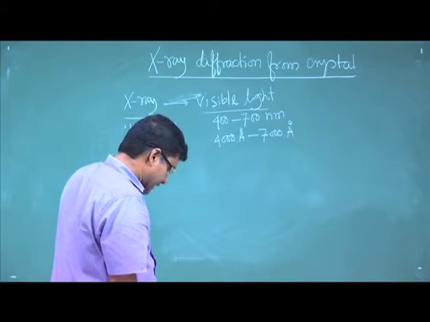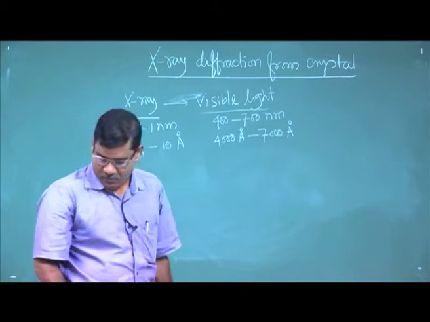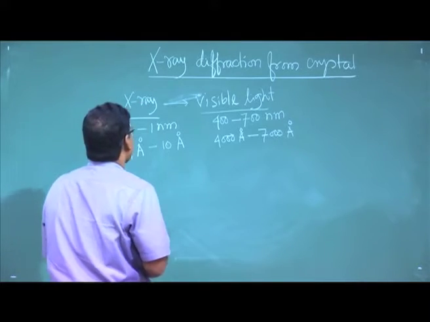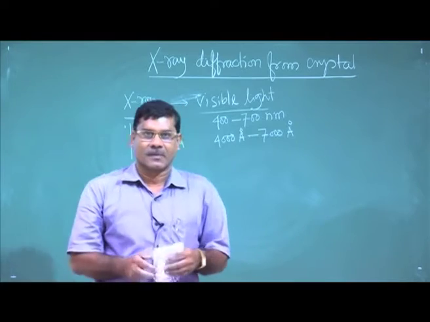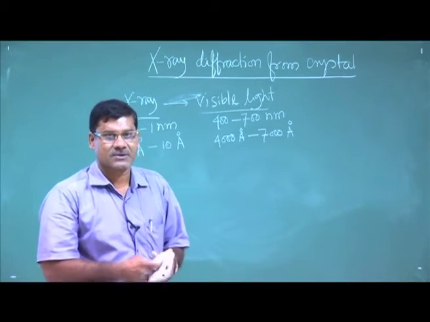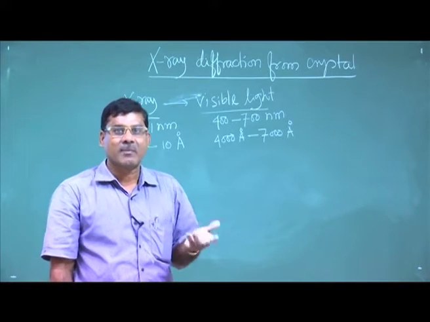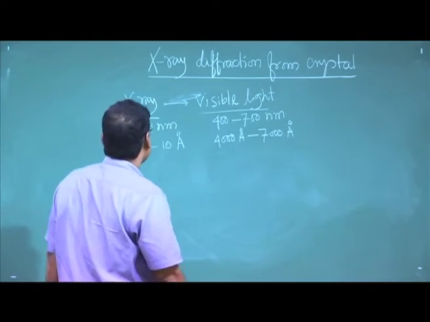And how X-ray is generated, that hopefully you know, but still I will mention, because for this experiment we use an X-ray source, and which type of source is used, what wavelength is selected. So, that let me tell you.